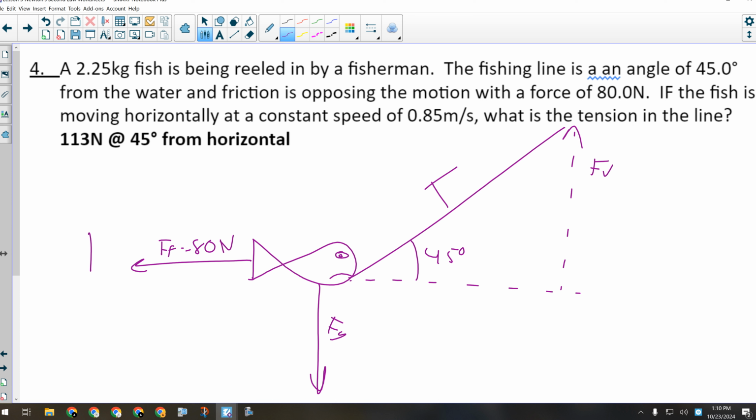But it also tells me the fish is moving at a constant velocity. Why is that important? There's no net force. So if the force backwards is 80, how much is this? 80. Can I find the tension in the line now? All that question is, hey, remember those key words I keep telling you about? Constant velocity means no net force. That's what that question's about.